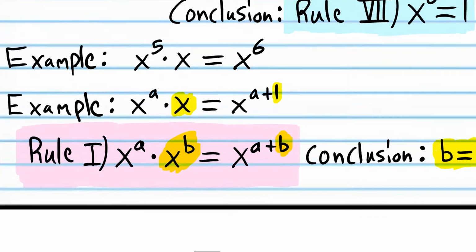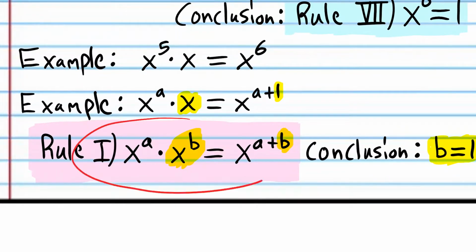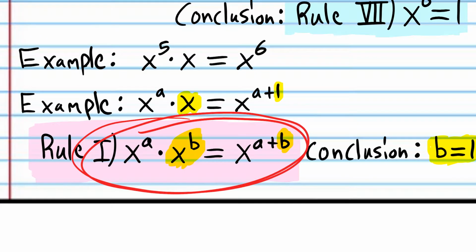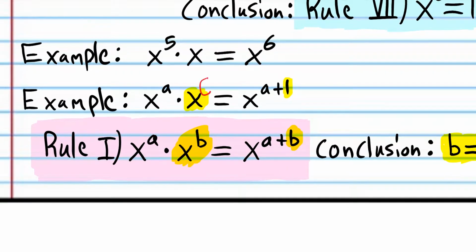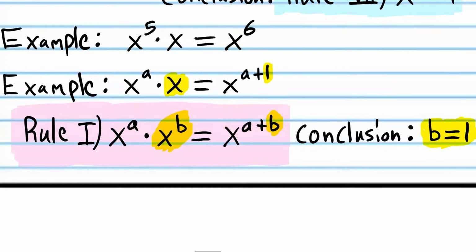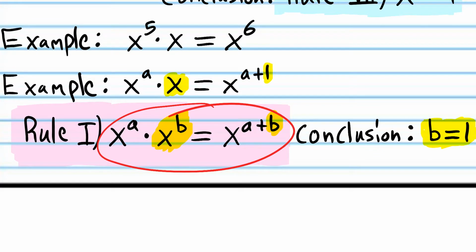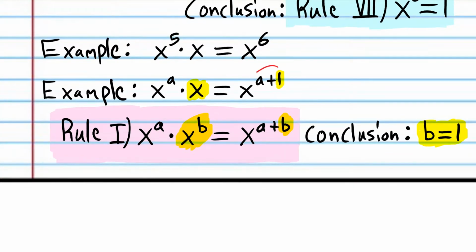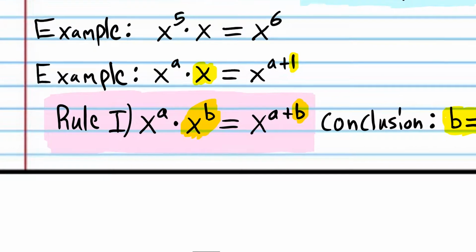Okay. But if you compare that to rule number 1 stated here, and you want to assign a power to this x, then obviously this explanation here shows us that power must be 1. Because over here we have a sum, a plus 1, and our power rule tells us that we have to be adding some number.